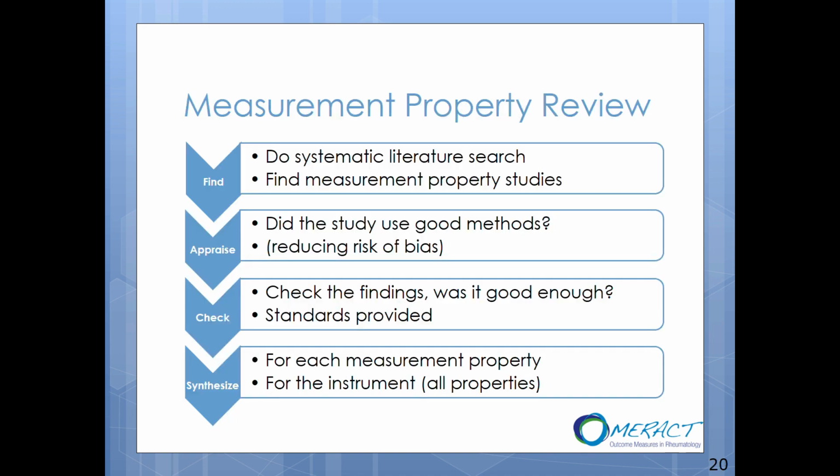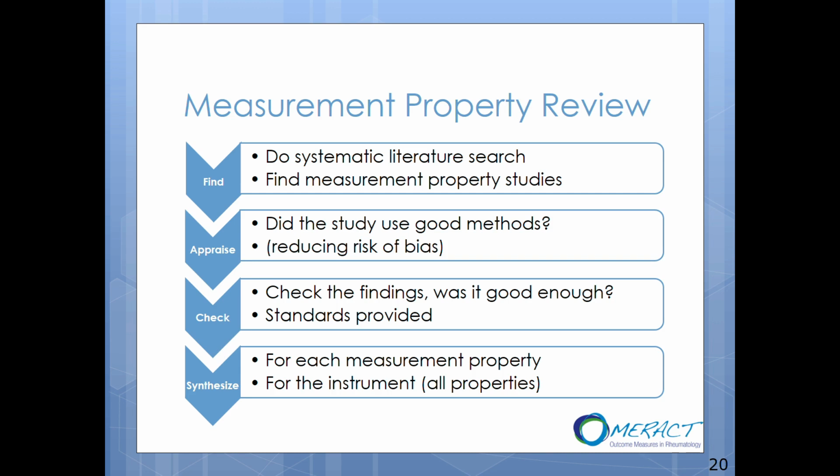So when we're looking at a measurement property review, what we're really doing is trying to move through these steps. We want to do a systematic review of the literature to find all the studies that talk about the measurement properties of that instrument. When we've done that, we're then going to make sure that they've used good enough methods, which is reducing any risk of bias in how they've estimated those measurement properties. We're then going to check the findings.